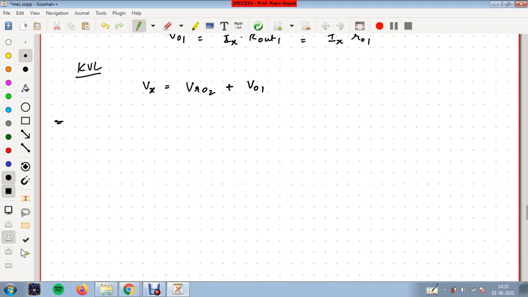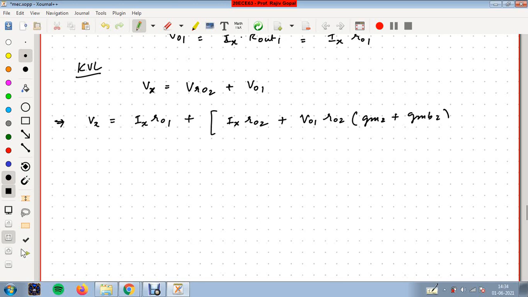Okay, so from this Vx is equal to V01 is Ix into R01 plus VR02 is Ix R02 plus V01 R02 into GM2 plus GMB2. Right.